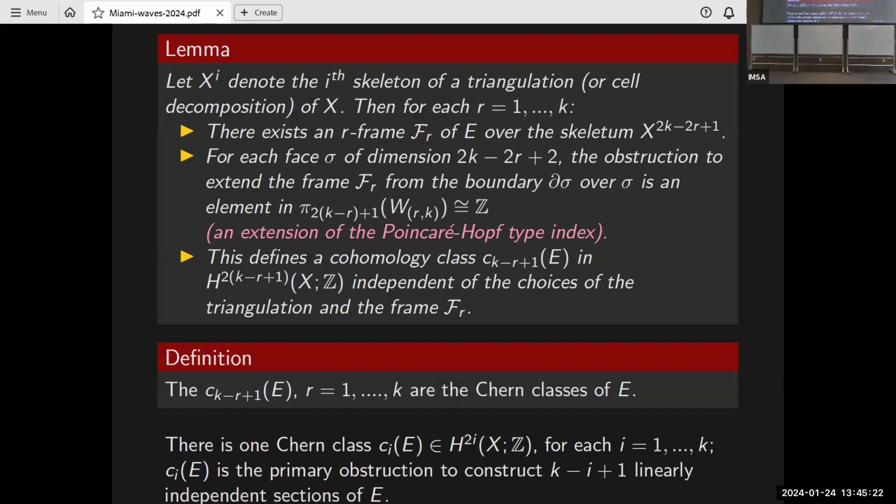And then, whenever we have to go to the next step, for each face of the next dimension, we meet an obstruction at one point.